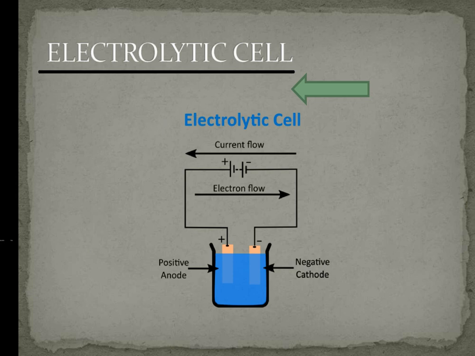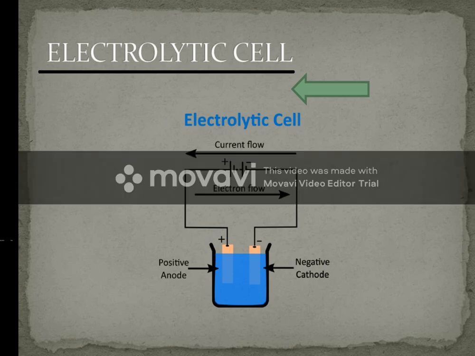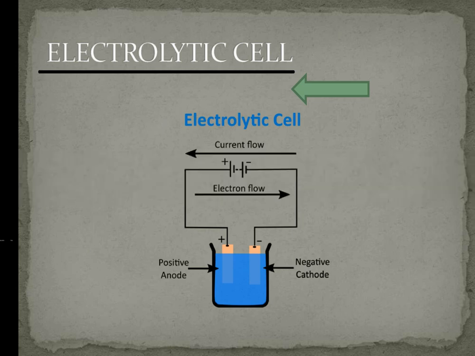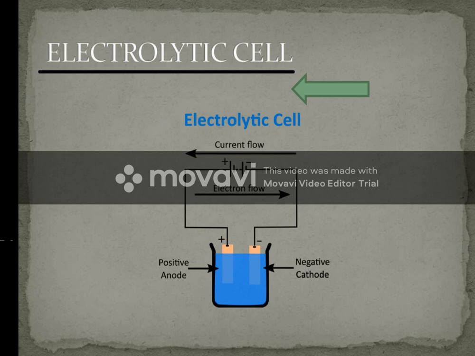So all in all, the electrolytic cell consists of a beaker filled with the blue solution. This blue solution shows the electrolyte solution. And these two pinkish electrodes show the two types of electrodes, anode and cathode. Cathode is negative while anode is positive.